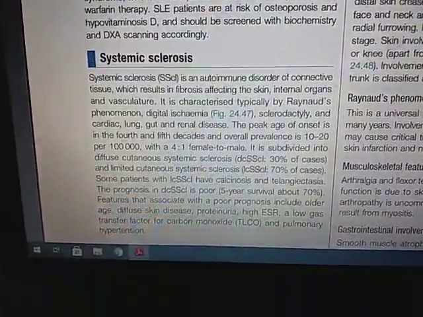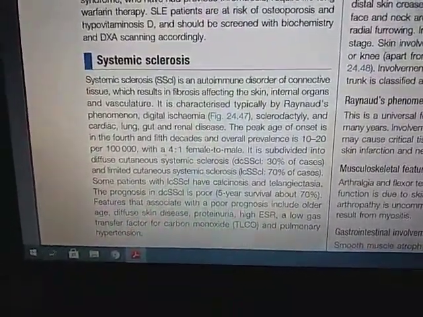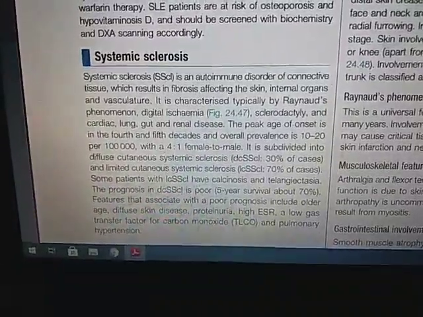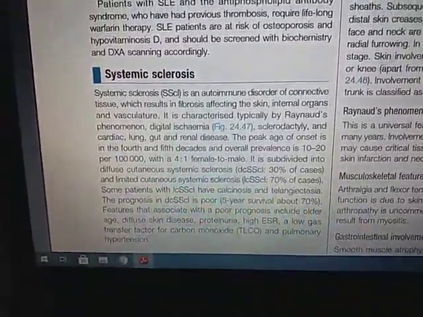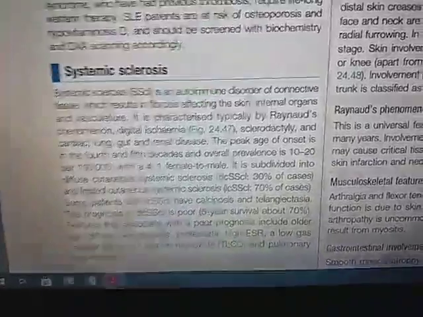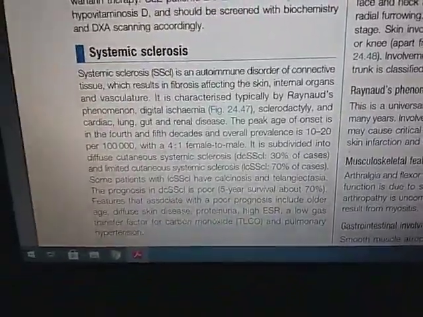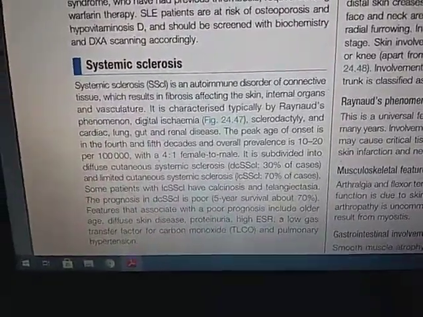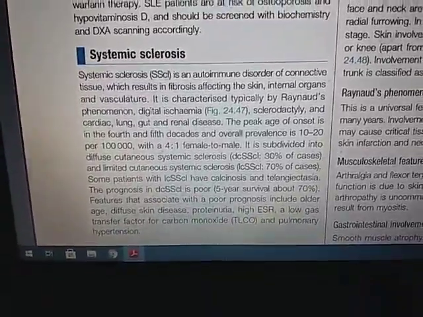The presence of a thickened fibrosis of the skin is called scleroderma. This distinguishes systemic sclerosis from other connective tissue diseases.